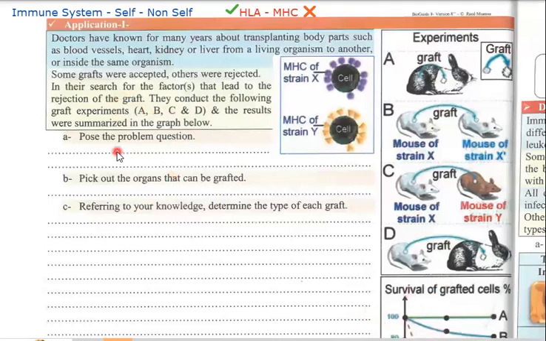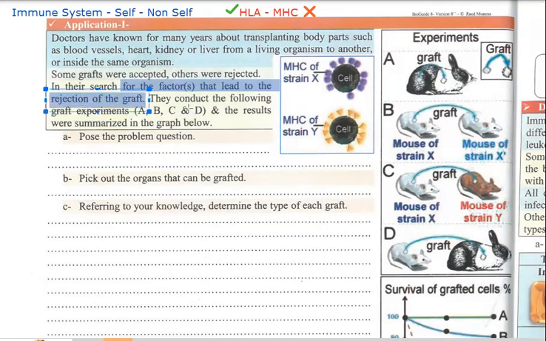Pose the problem question. What is the problem question? What are we searching in here? We are searching, as mentioned in the text, for the factors or factor that lead to the rejection of the graft.